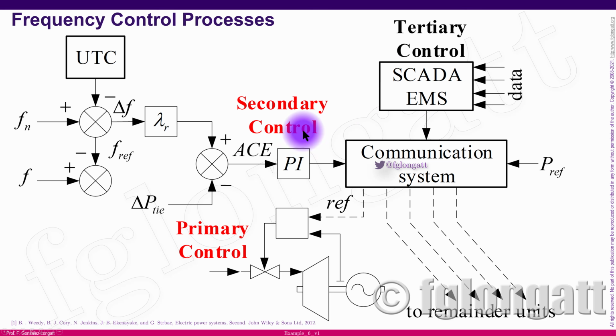The secondary frequency control is basically sending the signal to this communication system. One of the indicators of the operation of the secondary frequency control is the area control error, okay? And here you can see the most used controller. This is a PI controller to define the settings, okay?